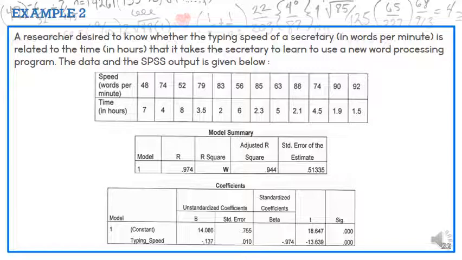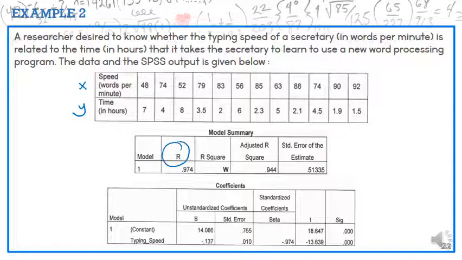Okay. So dia kata dalam soalan tadi, typing speed related to time it takes. So speed X, time Y. Time study new word processing depends on speed per minute.